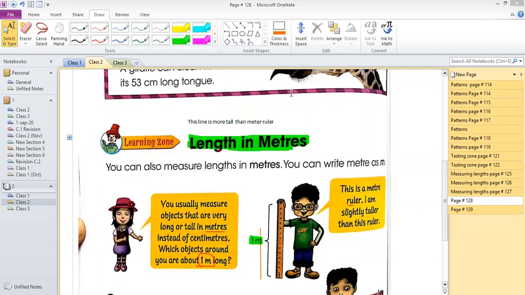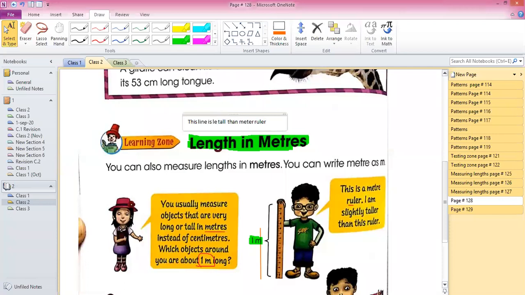Shorter. Very good. So you can say that this line is shorter than the meter ruler. So how can you write it? You can write that this line is less tall than the meter ruler, or it is less than 1 meter.